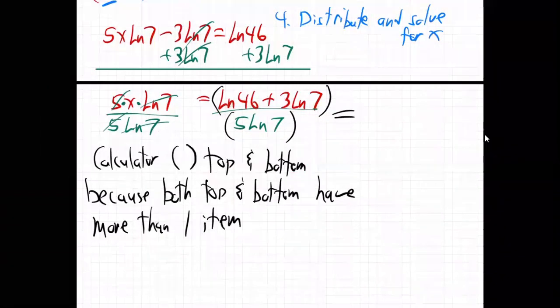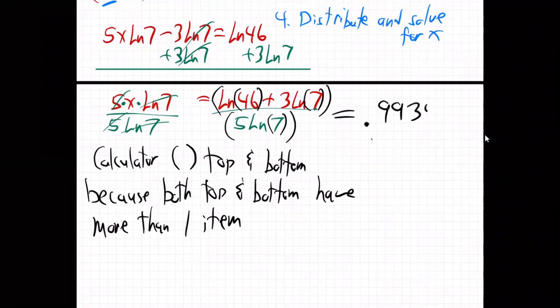And also there end up being parentheses on these individual logs, don't there? So you end up with a lot of parentheses. Be careful with all that. It's easy to mess up. So I'm going to do the top and the bottom. And I'm getting 0.9935 to 4 decimal places.